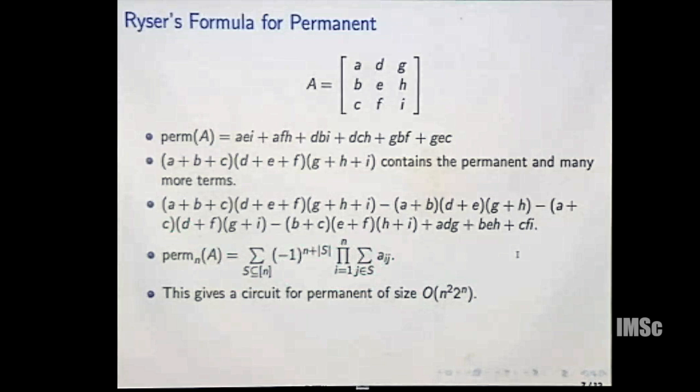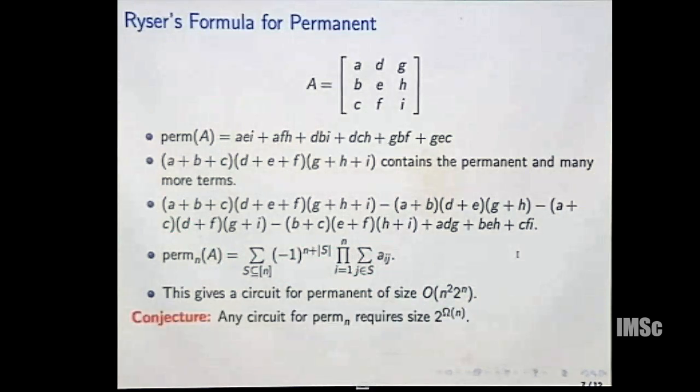So we started with a circuit of size n factorial, and you have reduced the size down to n square times 2 to the n. Now the question is, can you do something better than this, like Gaussian elimination that you did for the determinant? We don't know any circuit for the permanent that has size polynomial in n, and we believe that any circuit for the permanent requires size 2 to the omega n.